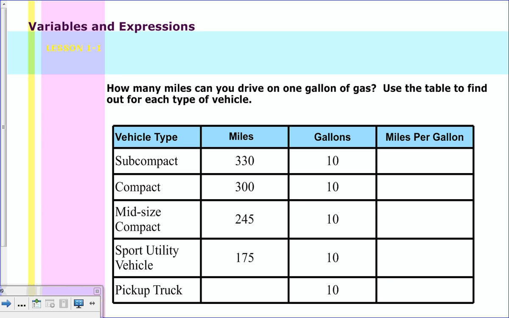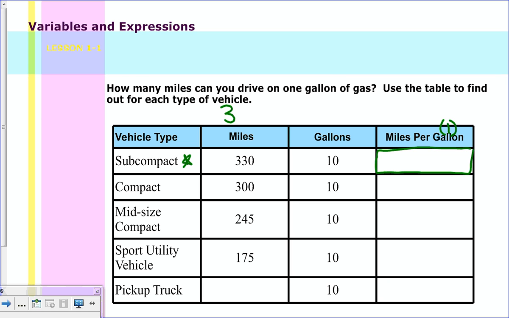All right, so if I take a look at the subcompact first, it tells me it can go 330 miles on 10 gallons of gas. So then comes my blank spot over here. And I need to know how many miles I can go per gallon, meaning 1. Now if we're breaking something apart like this, we have a whole and we're breaking it into 10 parts, this is a time when you use division.